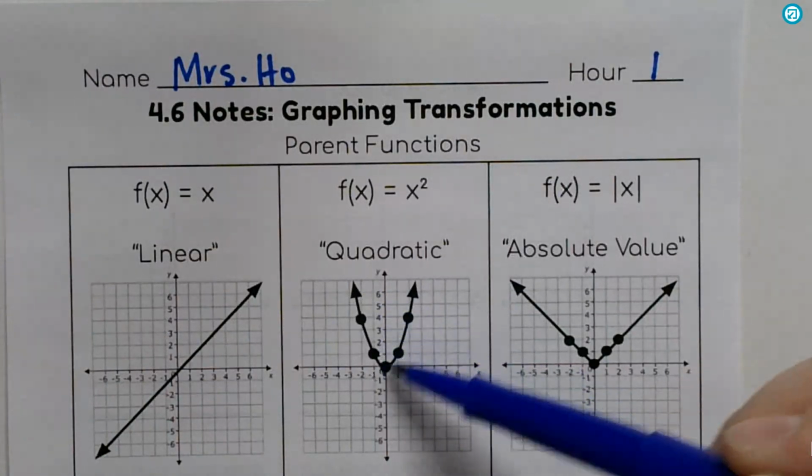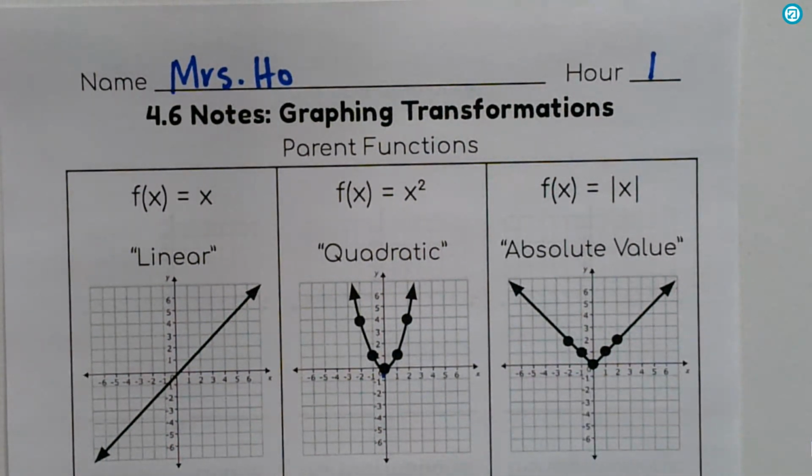So when we are making the shape of a quadratic graph, what you can do is start in the middle, and then from each side you can go up 1, out 1, and then up another 3, out 1. So up 1, out 1, up 3, out 1.